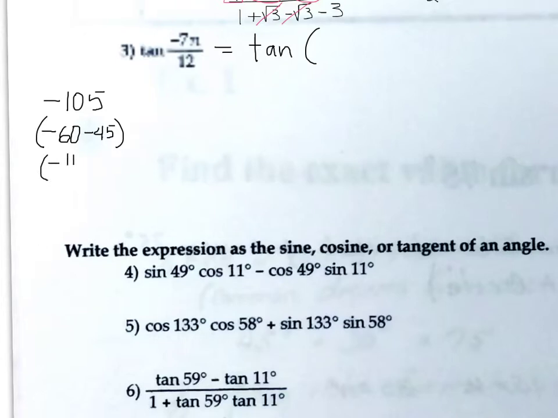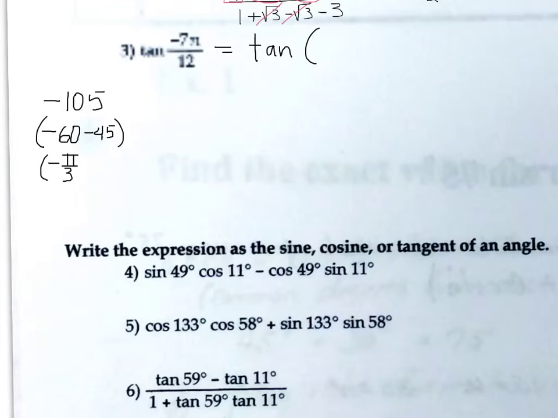Negative pi over 3. And 45 is negative pi over 4. So basically here, are we adding those two negative angles? We are adding, right?